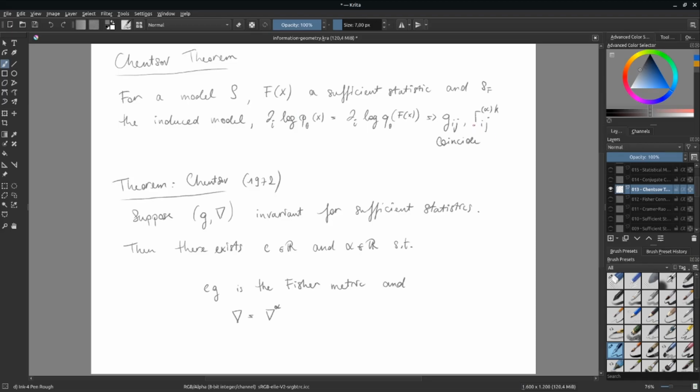And so that means that in particular the metric and these connection coefficients are going to be the same. And so they'll define the same geometry.